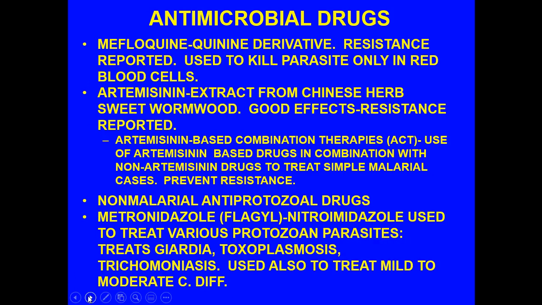Now, mefloquine is another quinine derivative. Unfortunately, they're reporting resistance there too. It's used to kill the parasite only in the red blood cells. If you go through some of the parasitology, you'll find that malaria has several stages, and one of the stages will go into the liver cells, and then another one will go into the red blood cells.